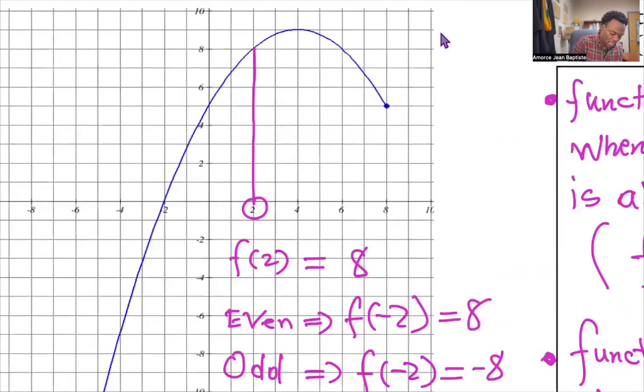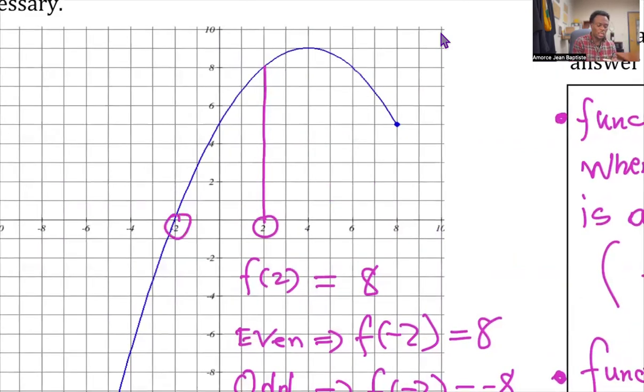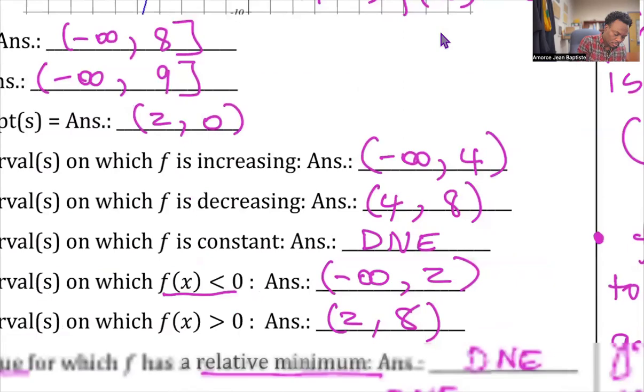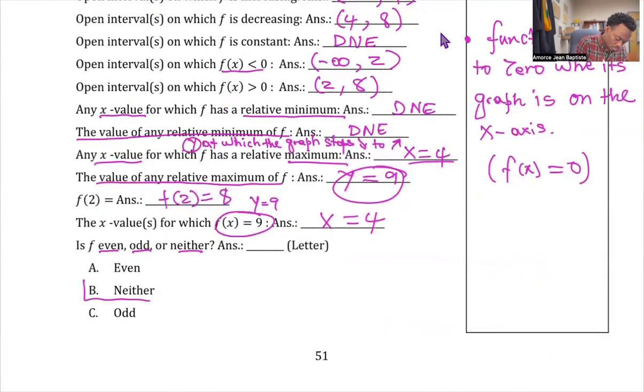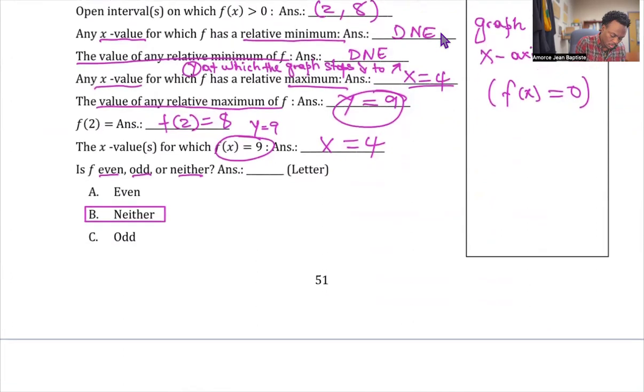Let's see, f of negative 2. f of negative 2 is 0. So this function is neither even nor odd. Next example.